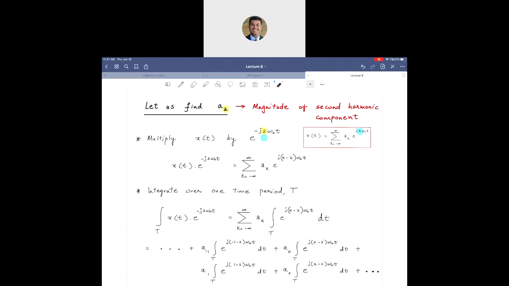Next, I'm going to write each element in this summation. As k is an integer going from negative infinity to infinity, I can break up this summation into multiple terms. So for example, you will have a bunch of terms over here corresponding to a sub minus 2, a sub minus 3, a sub minus 4, and so on. But if I look at k as -1 over here, I get this term.